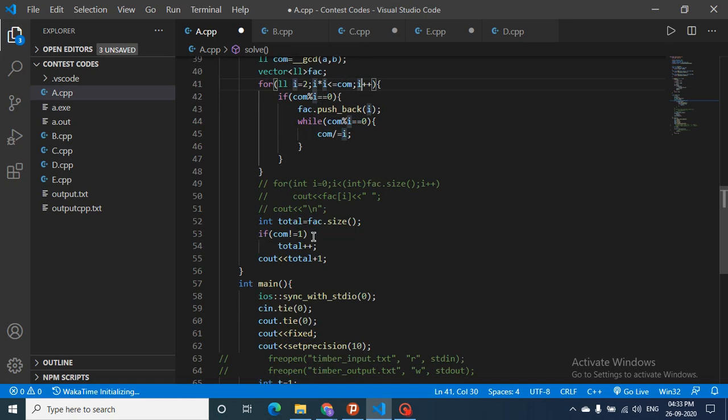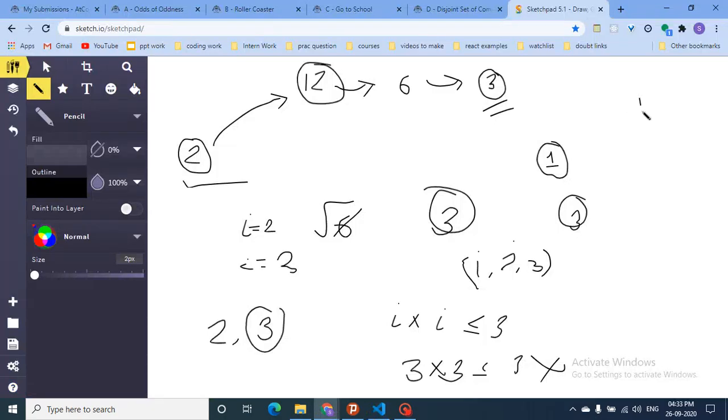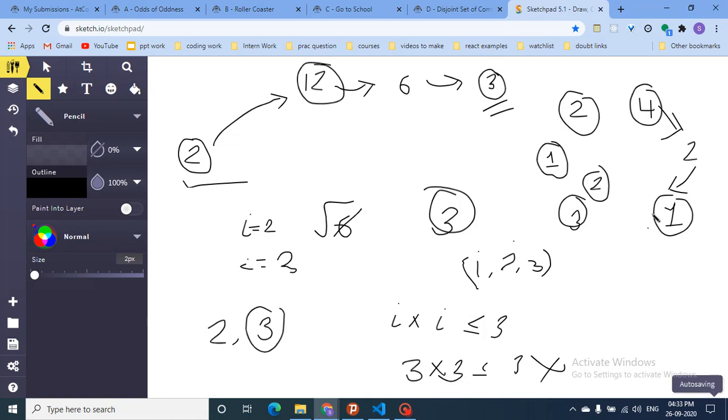So in the end, I have to also check that my comp is not equal to 1, because let's assume that my comp is equal to 4, my GCD is equal to 4, and I have taken 2 as the first prime factor. I will find out that 2 is the first prime factor, I will take this 2, and then I will keep on dividing 4, then it will become 2, then it will become 1, and then this loop will break out, which tells us that my number is decremented till 1 at the smallest possible case.